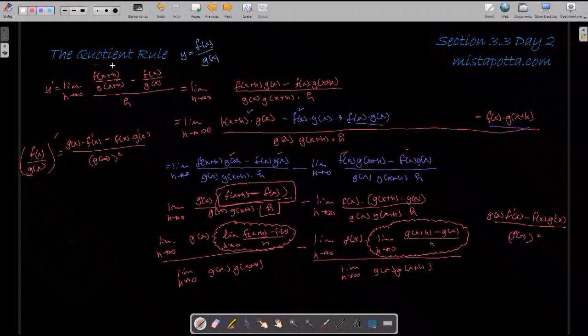So this is the quotient rule: bottom times derivative of the top, minus the top times derivative of the bottom, over the bottom squared. This is how I deal with rational functions.